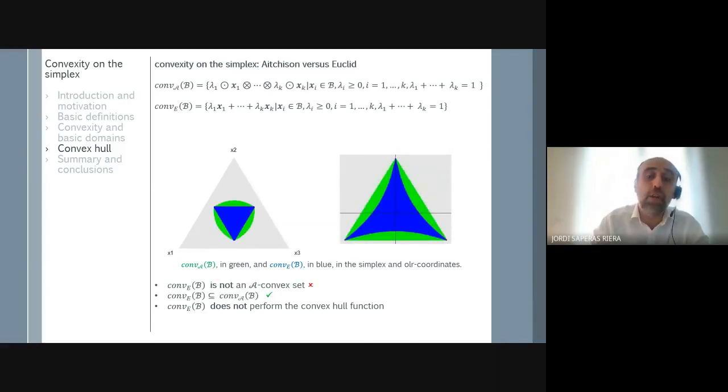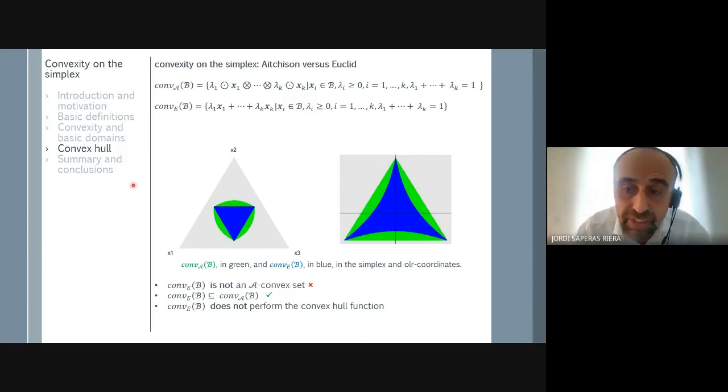Here we have another example. We take 3 points in a different position in the simplex, and we draw the Hutchinson convex hull, the green region, and we draw the Euclidean convex hull, the blue region.